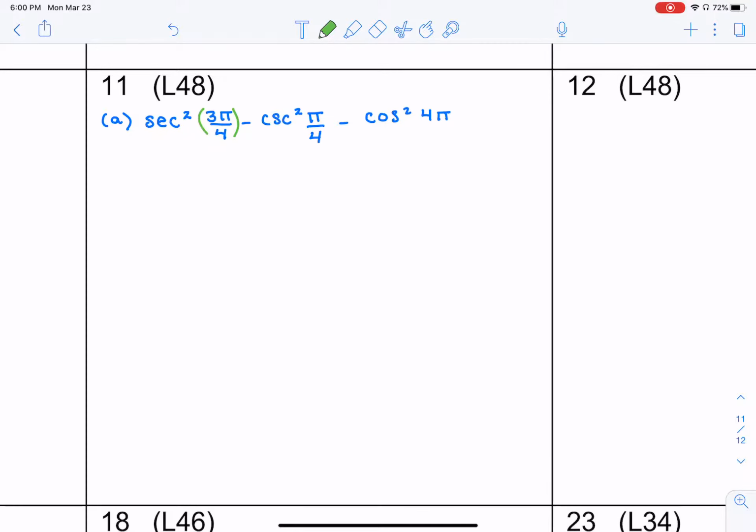So in this rewritten form, 3 pi over 4 is going to be 135 degrees. Pi over 4, think of it as 180 divided by 4. That's going to be 45 degrees. And 4 pi, that's 720 degrees. Okay, so let me go back now and put my other function notation in here.